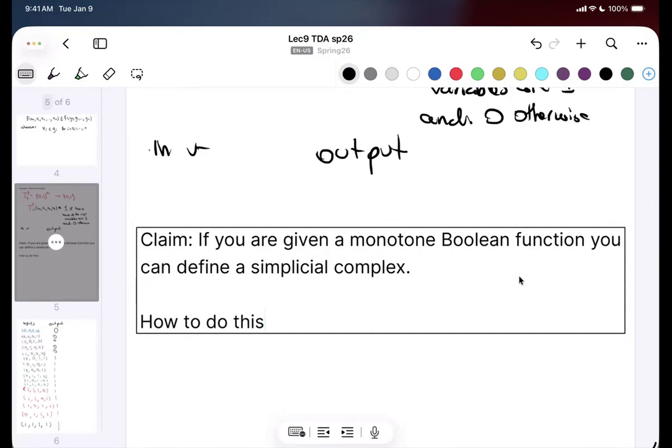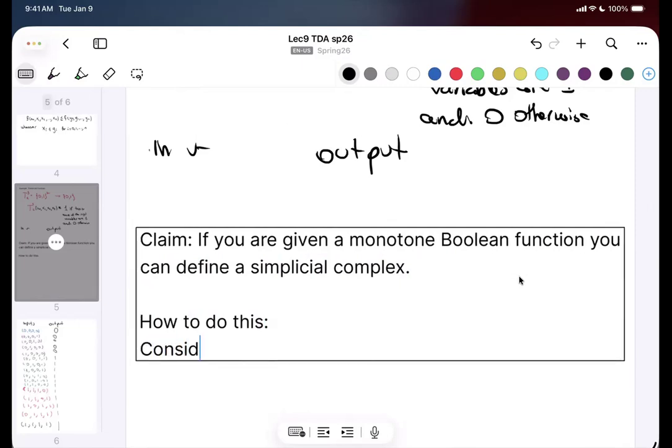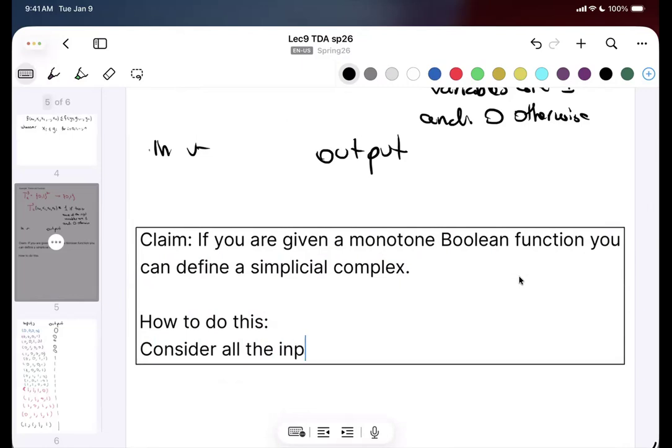Basically the idea is this. You consider all the input values, except the one that is made out of only ones: 1, 1, 1, dot dot dot, 1. You'll see that in a moment. You consider all the input values whose output is one.